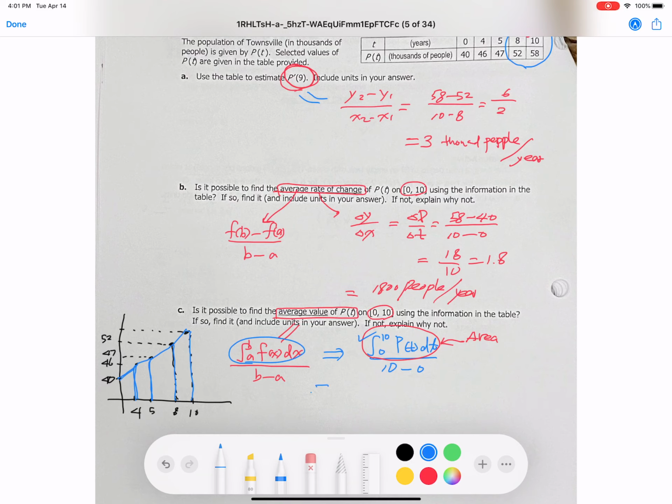So that is equal to the first trapezoid area: base 1 is 40, and then base 2 is 46. So 40 plus 46 times the height, which is 4, over 2.